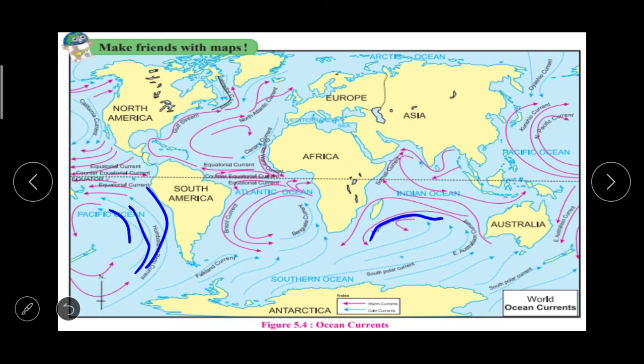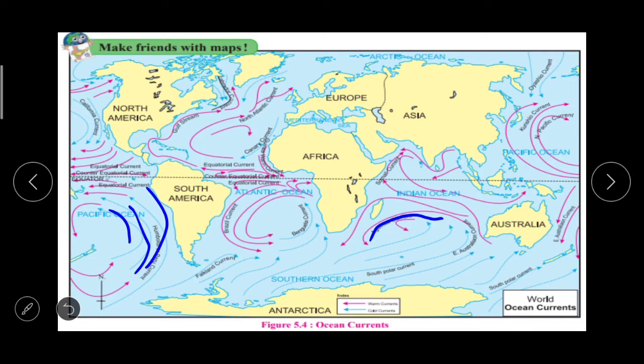What do you call the currents flowing from the equator to the poles? Now for the answers you have to observe this figure carefully. What do you call the currents flowing from the poles to the equator? When the currents are moving in a circular manner, what difference is visible in their direction in northern and southern hemisphere respectively?